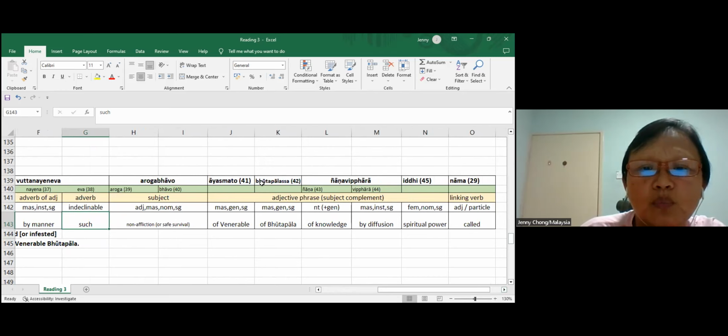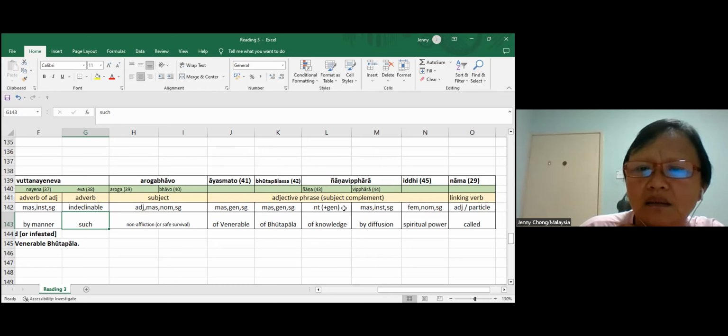Ayasma Buddha Palasa is actually a pronoun, meaning Venerable Buddha Pala. Nana Vipara is made up of Nana and Vipara.